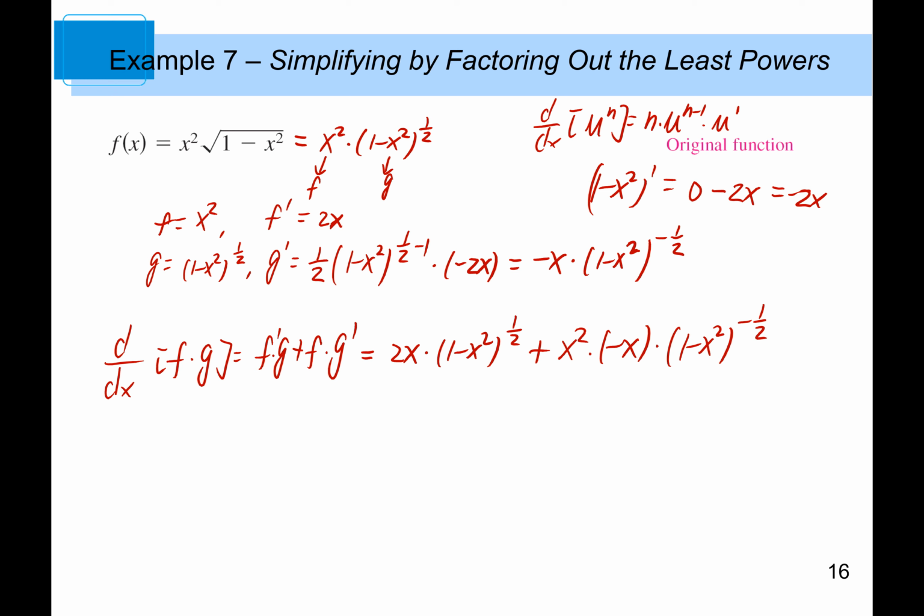Okay, so right here we're going to factor something out, right? So let's factor out the GCF of x and (1 minus x squared) to the negative 1/2. Whatever remains is 2 times (1 minus x squared) to the first power, minus x squared.